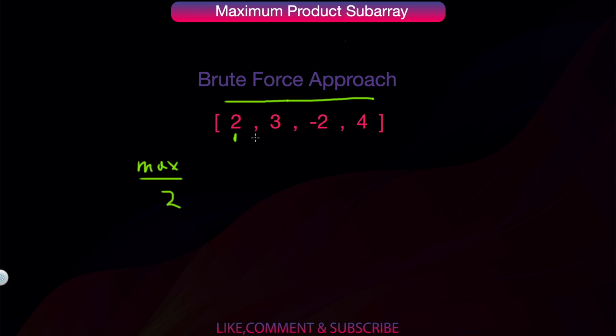Now we'll check with 3. So 2 into 3 we get 6, and 2 into 3 into minus 2 gives us minus 12, and 2 into 3 into minus 2 into 4 we get minus 48. So our maximum from this bunch is 6.